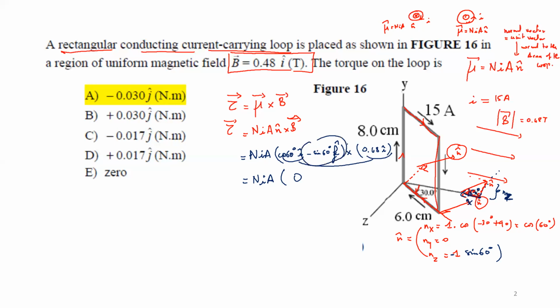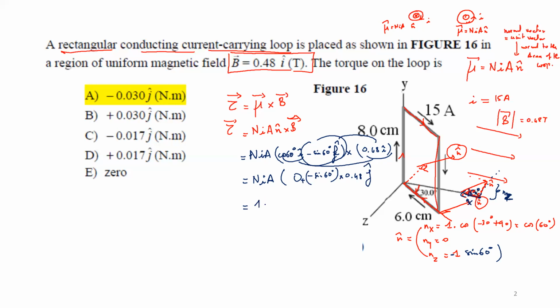Now second thing, I have this cos here. So this will give me minus sine 60 degrees times 0.48. Now k hat cos i hat gives me j hat. So I put the numbers.